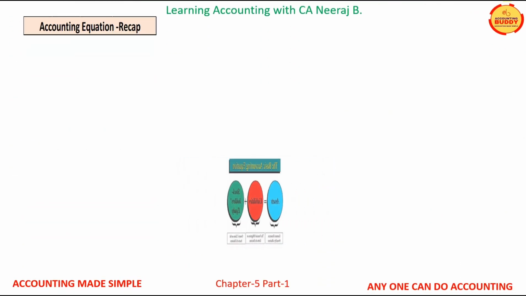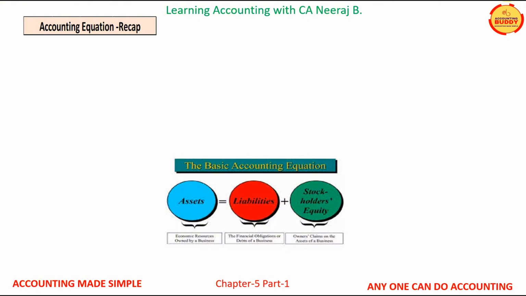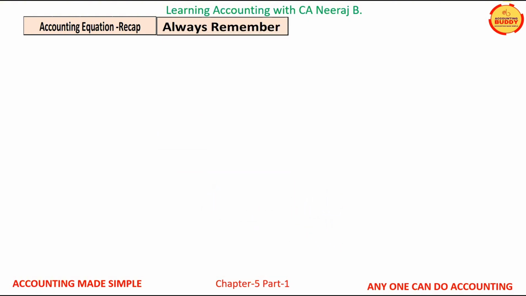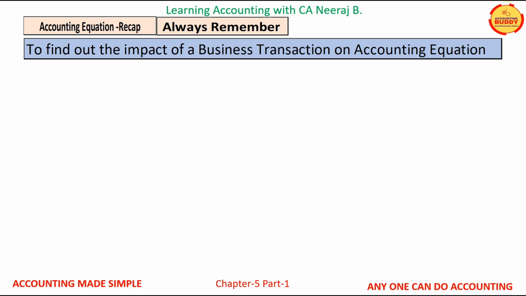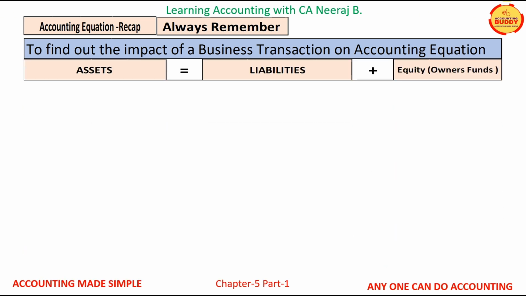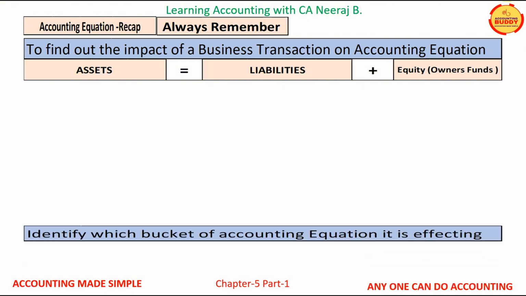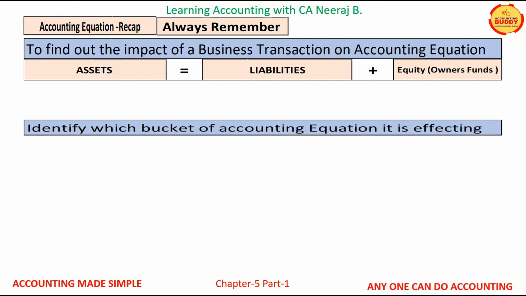Just to repeat and conclude what we have learned in the previous slide, always remember to find out the impact of a business transaction on the accounting equation and identify the bucket of the accounting equation it is affecting, following the two-step approach through which we have analyzed four business transaction examples in the previous slides.